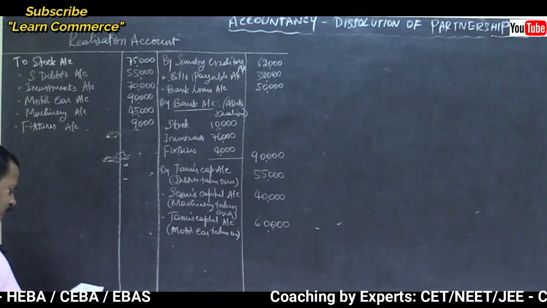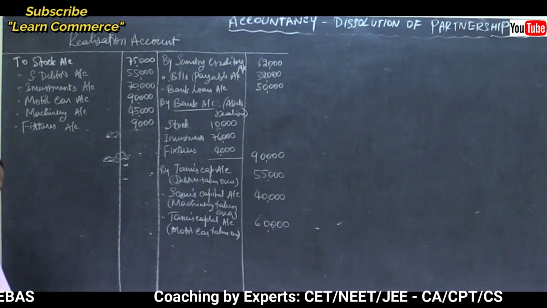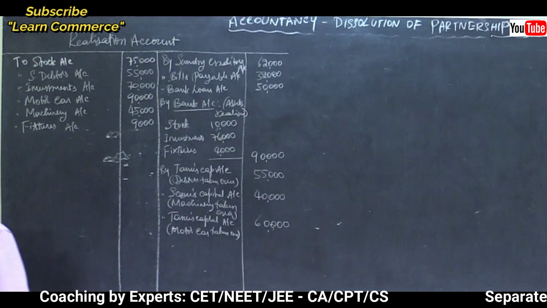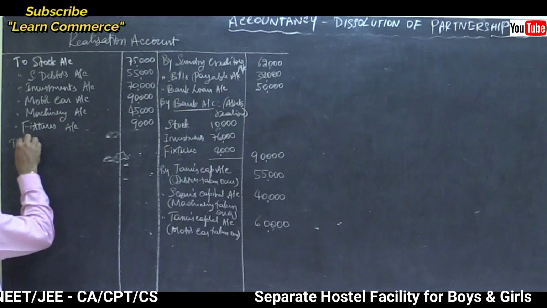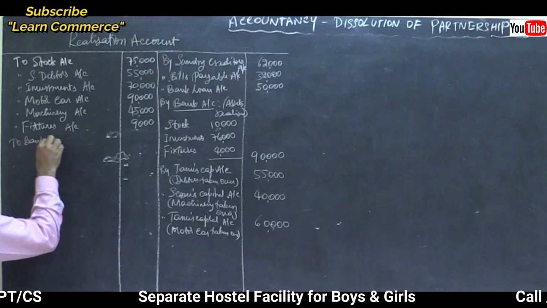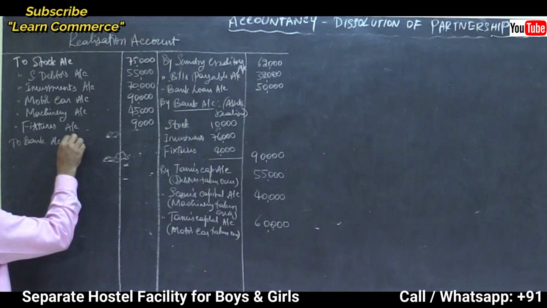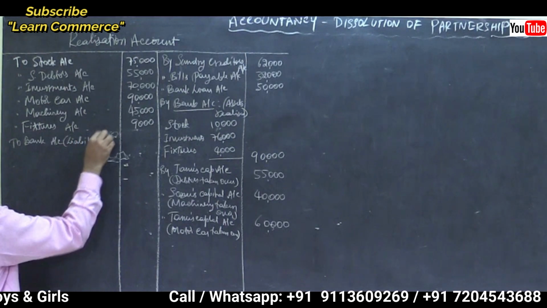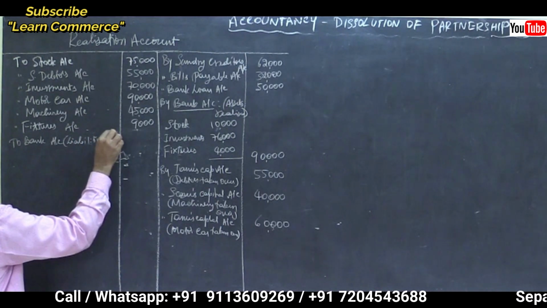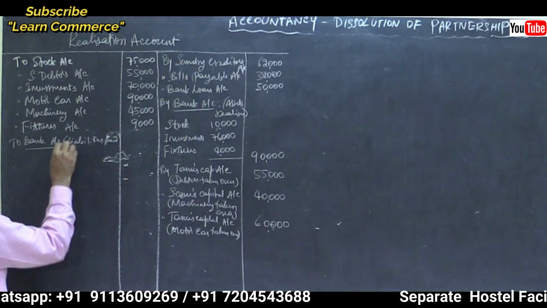Then let us move on to the other part. Liabilities paid off first, isn't it? To bank account, liabilities paid off. Liabilities paid. How much under that?